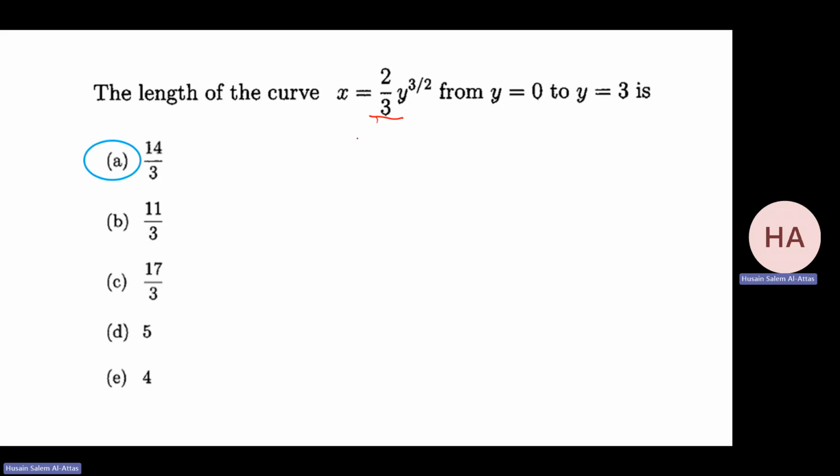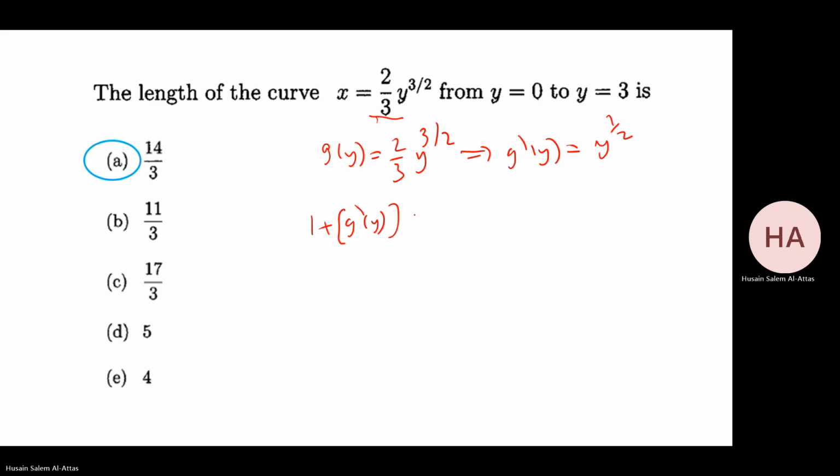This curve is now a function of y, so g of y is this. What will be g prime of y? It will be y to the power half. So 1 plus g prime of y square will be 1 plus y.